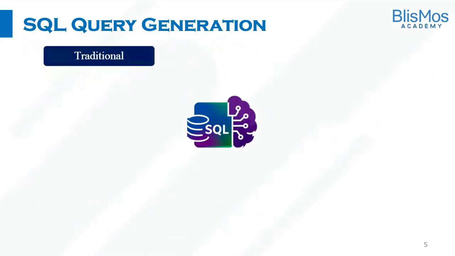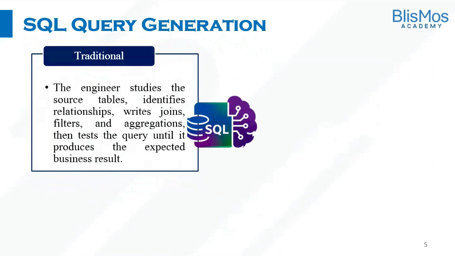Coming to the SQL query generation, what the engineer will do is go through the source tables and see what kind of relationship is there between the tables, write joins, filters, and aggregations, then test the query until it produces the expected business result.